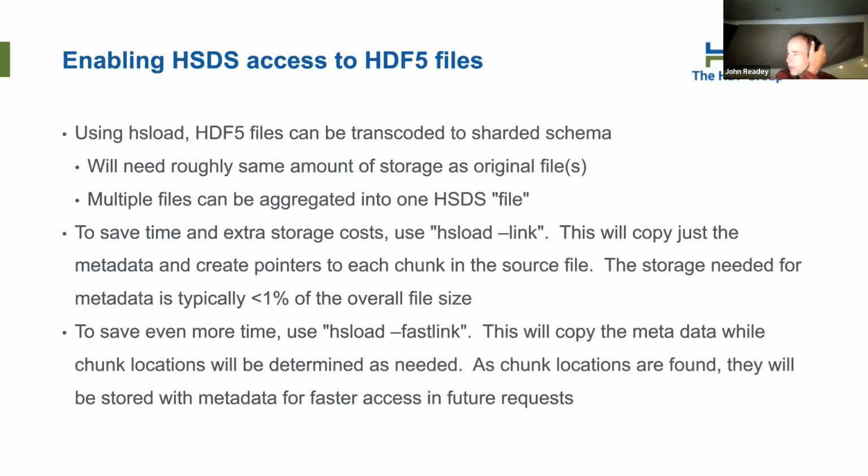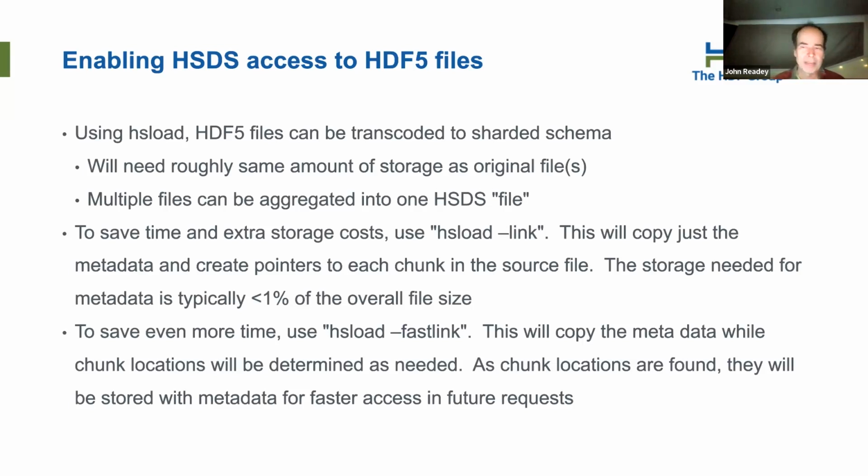So if you have some HDF5 files and you want to access them with HSDS, one thing you do is run hsload. That will transcode the file and upload it to the server in this sharded format.